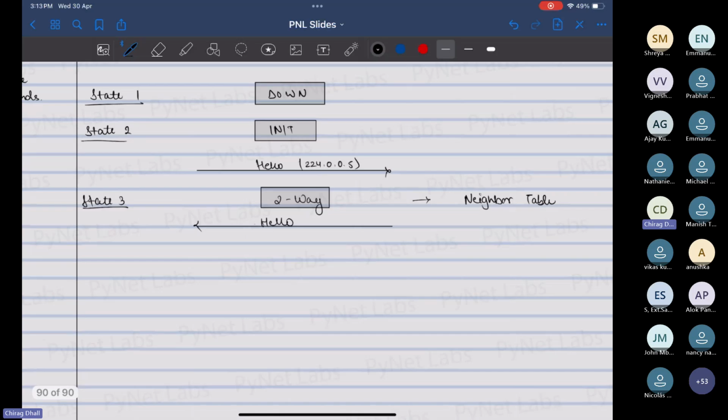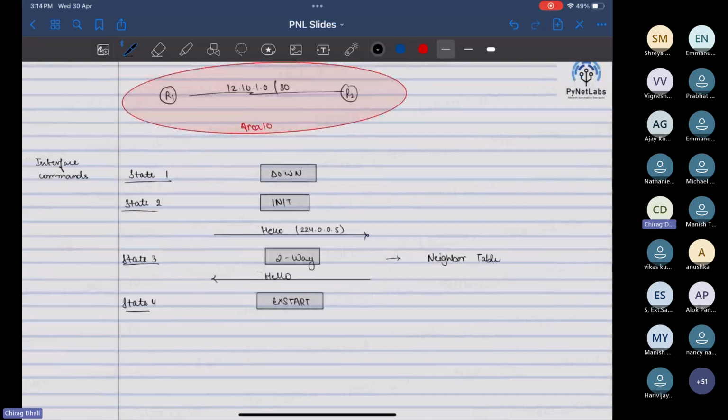After this, we get into state 4, which is called ExStart. In the fourth state of OSPF neighborship, the master and slave election takes place.